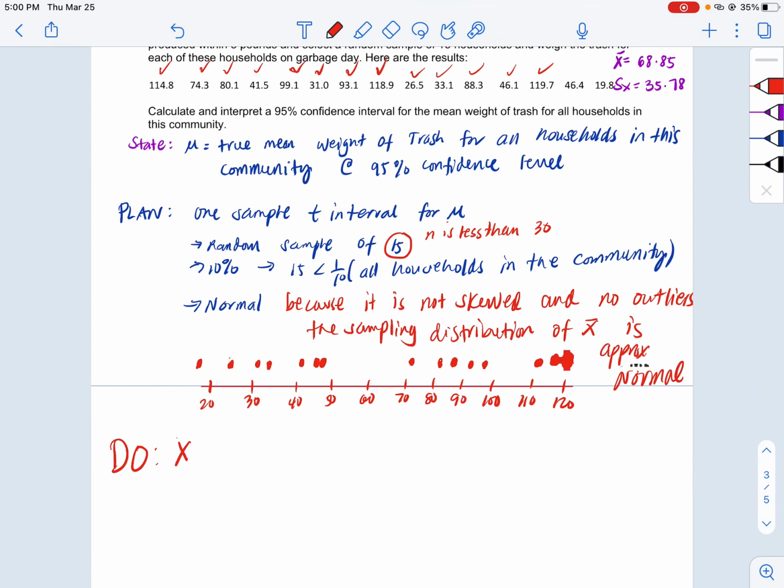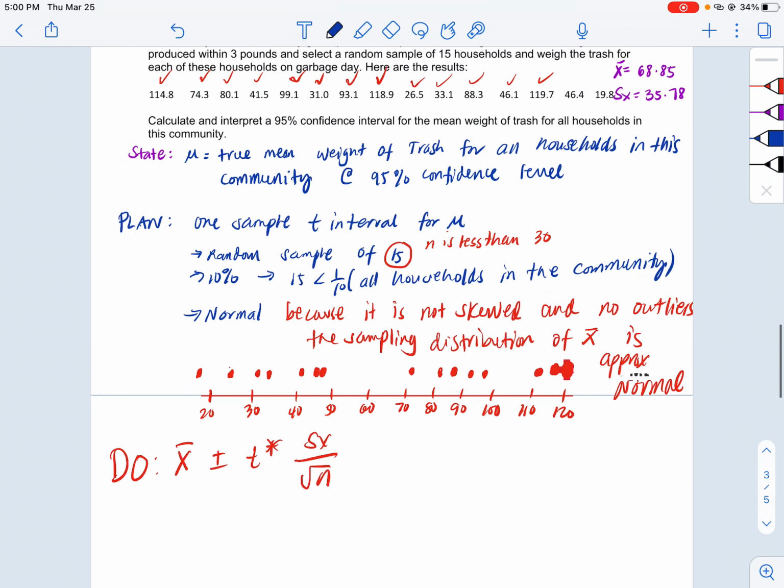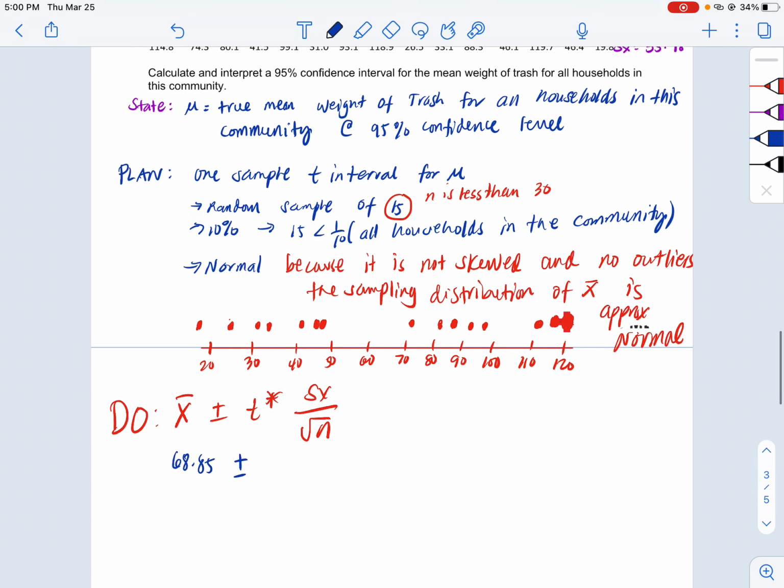So let us do our problem. x bar plus and minus t star times Sx over the square root of n. Our x bar is 68.85 plus and minus t star. My df is 15 minus 1, so 14, at 95% confidence.